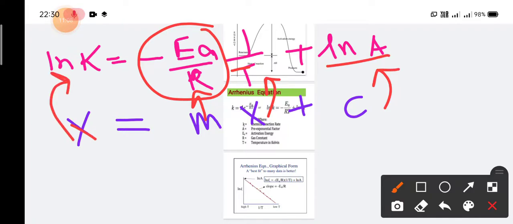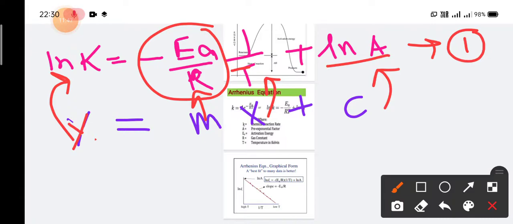So we can easily see that this Arrhenius logarithm equation can be compared to the straight line equation, y equal to mx plus c. Here y is equal to ln k and x is 1 by T, the slope m is minus Ea by R, and the intercept c is ln A.